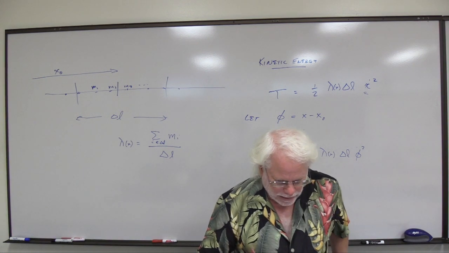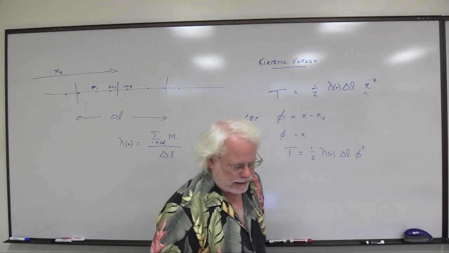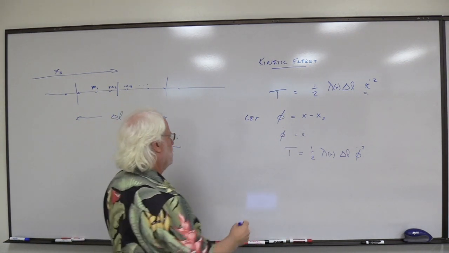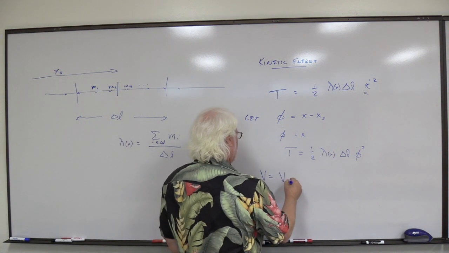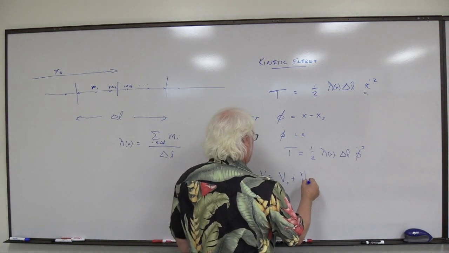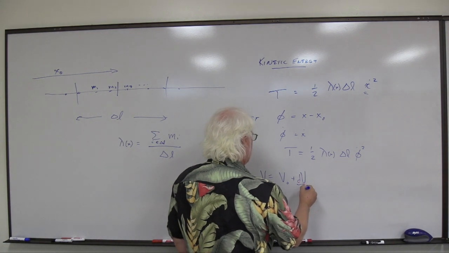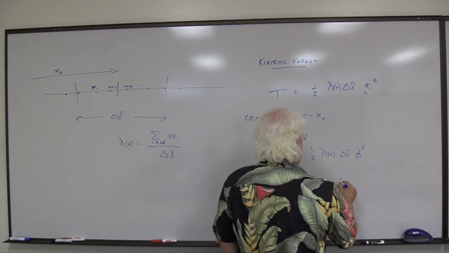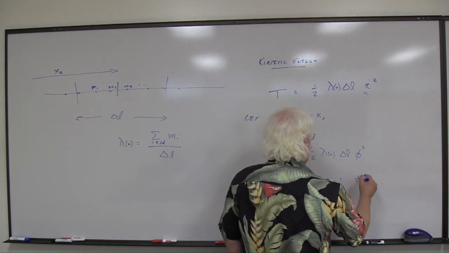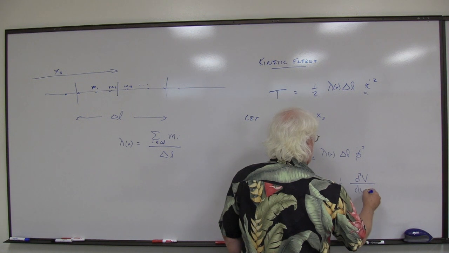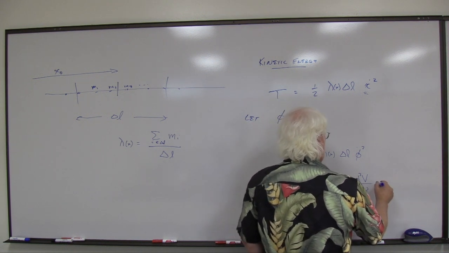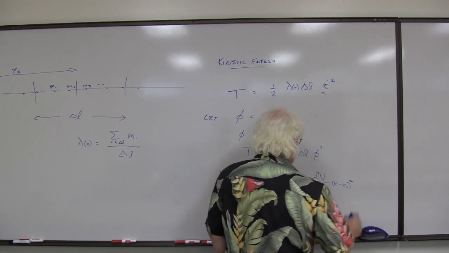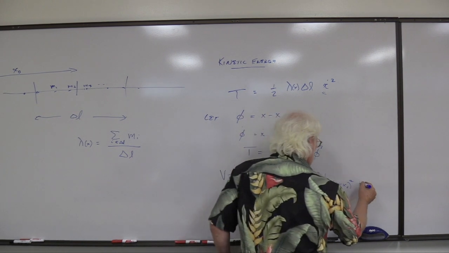Then, if we have a slowly changing potential that depends only on this displacement from equilibrium, then the potential, of course, we can write in a Taylor series: dV/dx at x naught times x, plus 1/2 d squared V/dx squared times the displacement squared, and higher order terms that we can neglect.